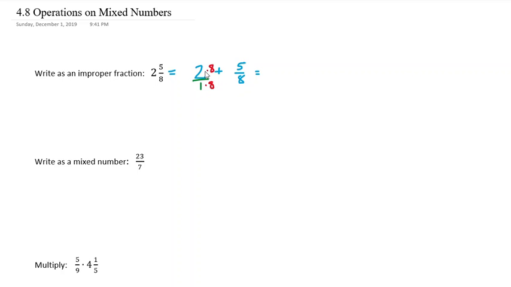And we'll multiply the numerator, 2 over 1, by 8 as well, so that the fractions are equivalent. So 2 times 8 is 16, and 1 times 8 is 8. 16/8 is 2 plus 5/8. And now the denominators are the same. We can add the numerators together. 16 plus 5 is 21, and we keep the denominator 8.